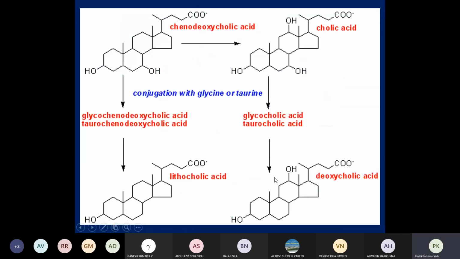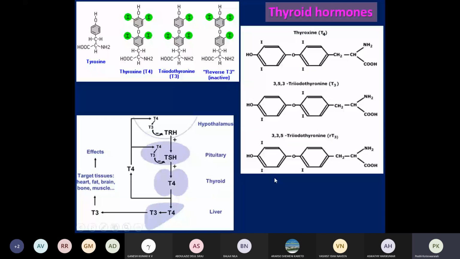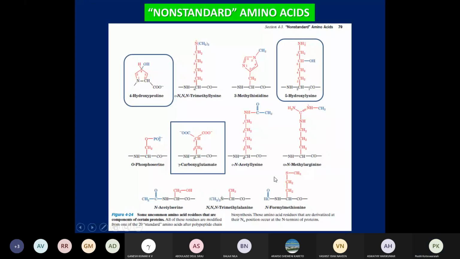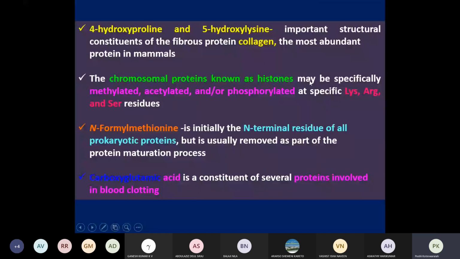In addition to this, there are some non-standard amino acids, mainly hydroxyproline and hydroxylysine. These two are very important for the structural function of collagen. If you see the collagen structure, you will understand that hydroxylysine and hydroxyproline are present in the collagen.